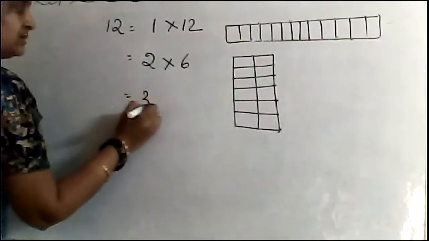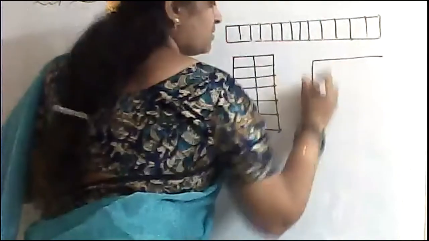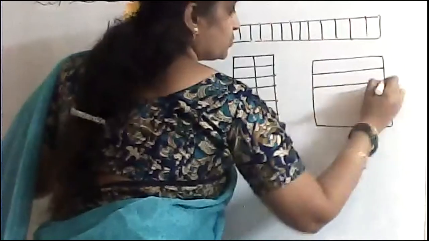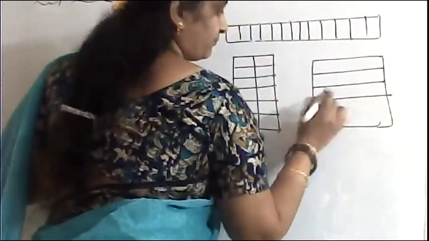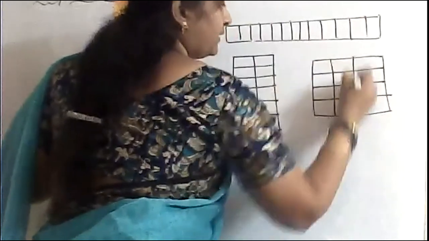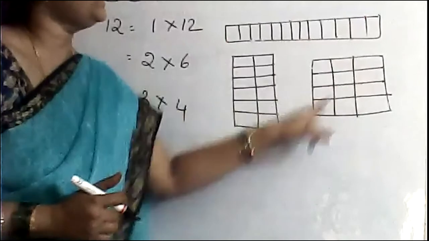Next, 3 fours are 12. So 3 columns, 4 rows. 1, 2, 3, 4, 1, 2, 3, 1, 2, 3, 4, 5, 6, 7, 8, 9, 10, 11, 12.